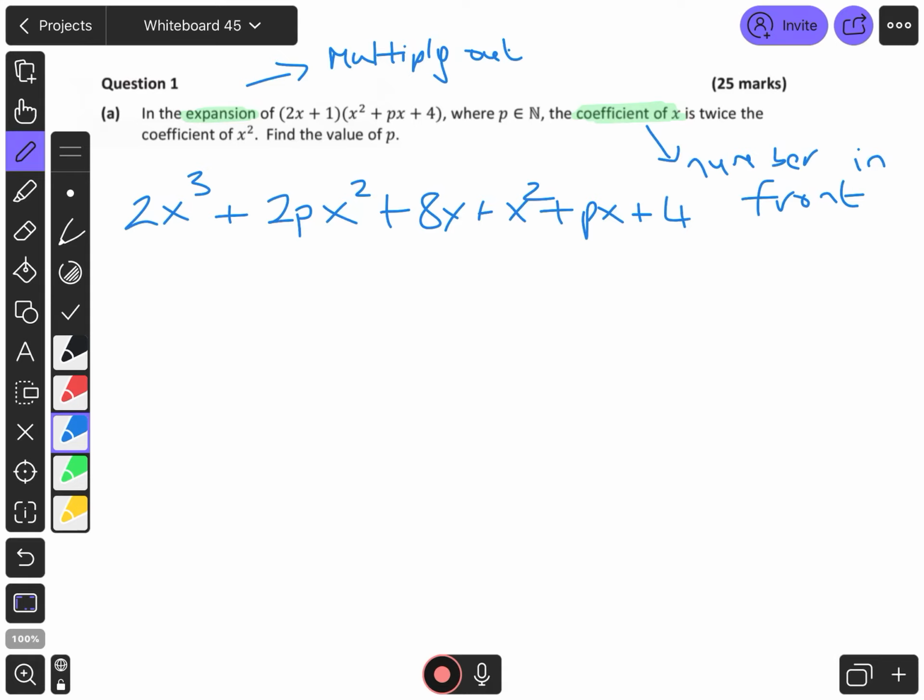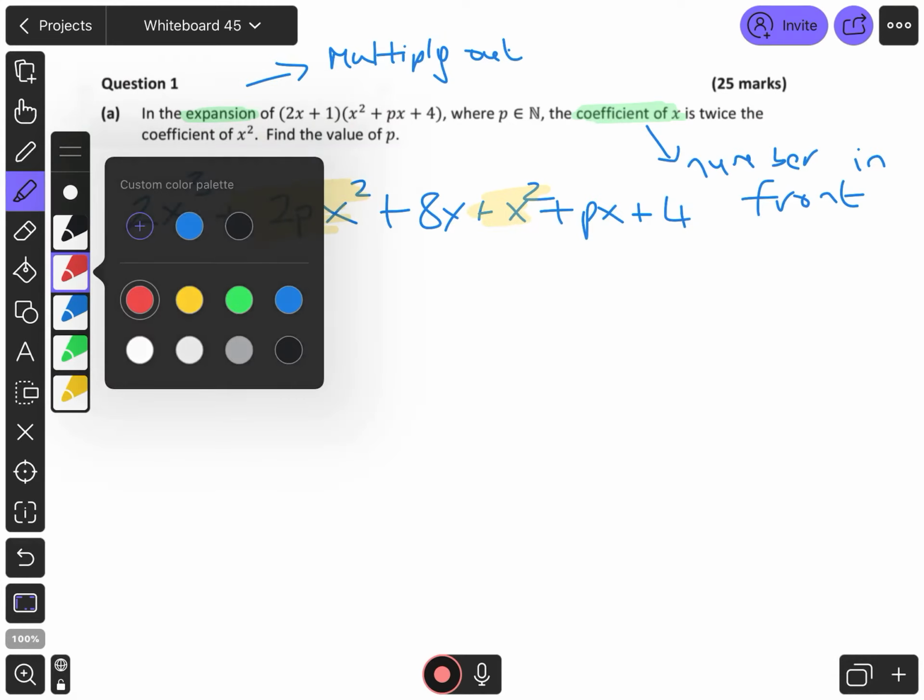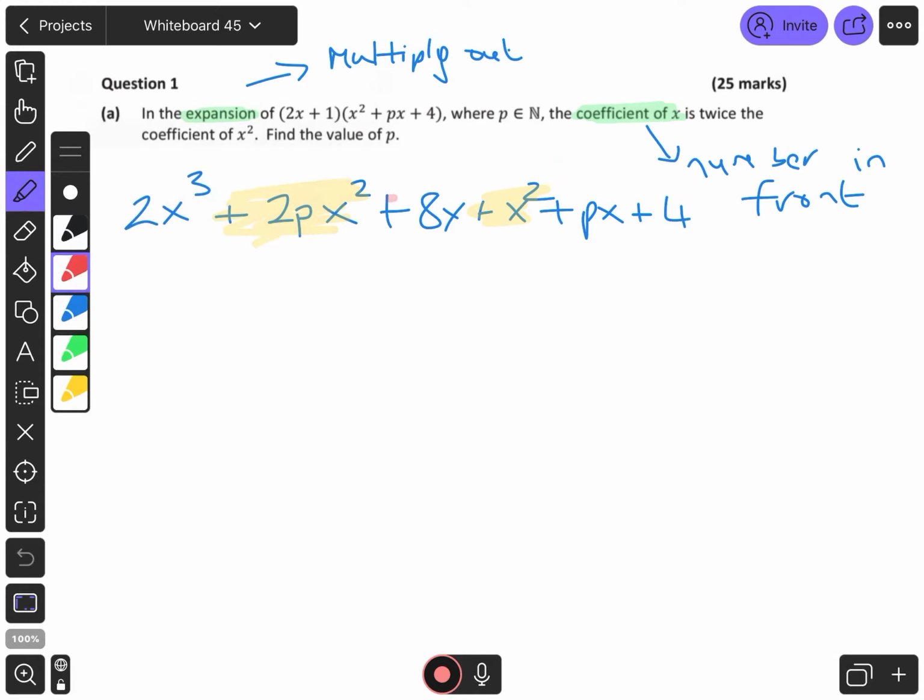Now I'm going to add together anything that can go together. I know that there's no other x³, but I know that this is an x², and I know this is an x², so they'll go together. And I also know that I have this x and then this x, and then the 4 will be stuck on its own.